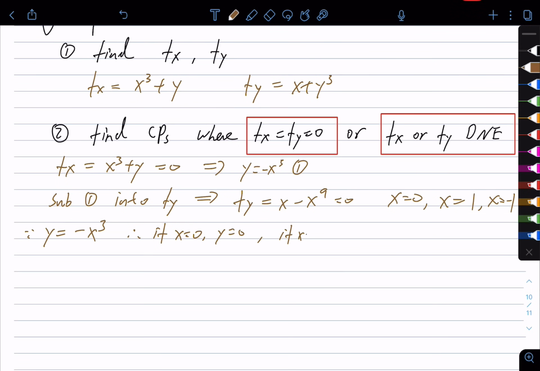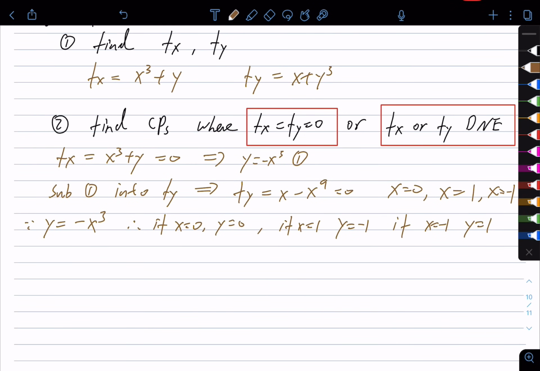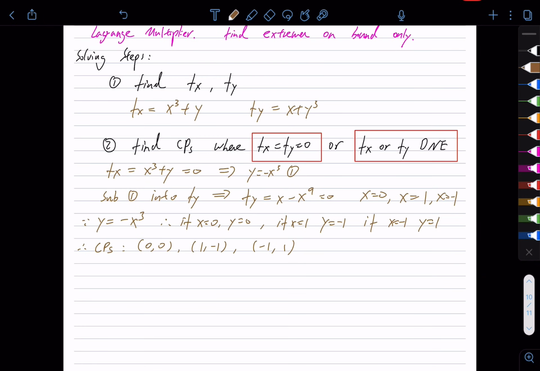If x equals 1, y equals negative 1. If x equals negative 1, y equals 1. So we have 3 candidate points, which are the critical points: (0, 0), (1, -1), (-1, 1). Okay? So now we have the critical points.